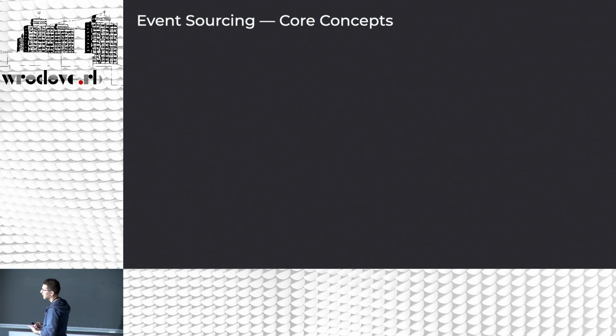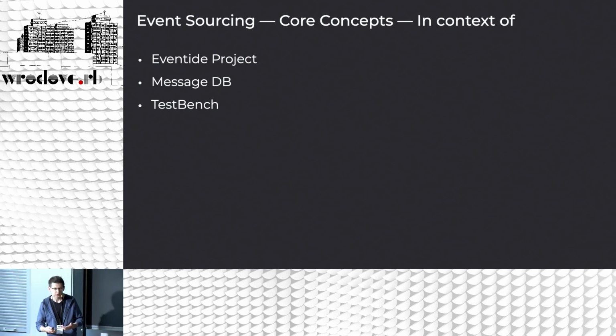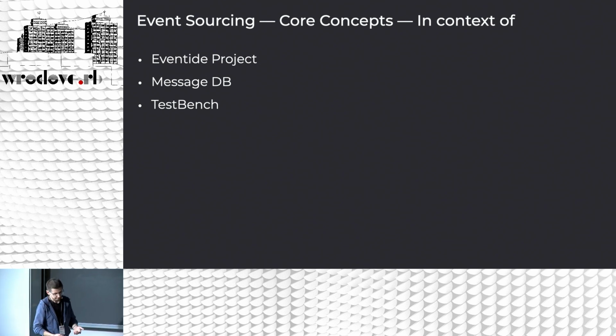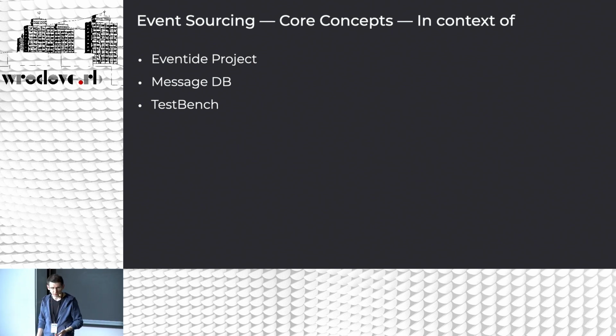So I'm going to tell you this in the context of a Ruby toolkit called Eventide Project. It's a toolkit for creating event-sourced autonomous services, at least by the book. However, you can use it for any type of project. It comes with an event store, because we have to store our events.